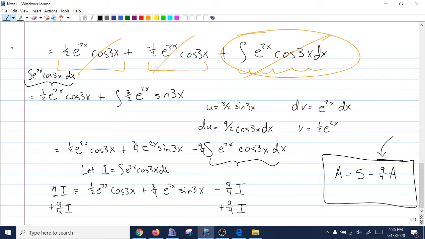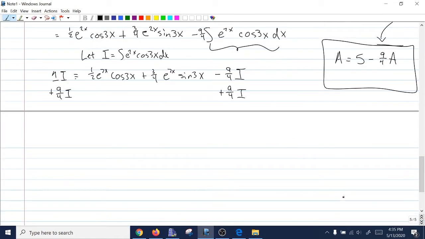1 plus 9/4 is 13/4. I can do this. 13/4 of the original integral that I wanted equals 1/2 e to the 2x cosine 3x plus 3/4 e to the 2x sine 3x. To get I by itself, I need to divide by 13/4.